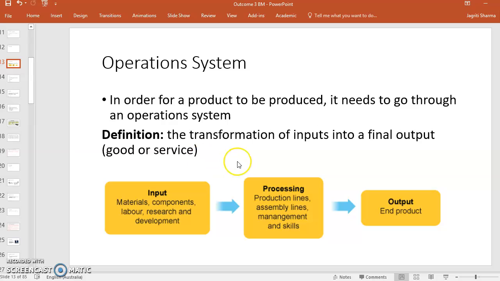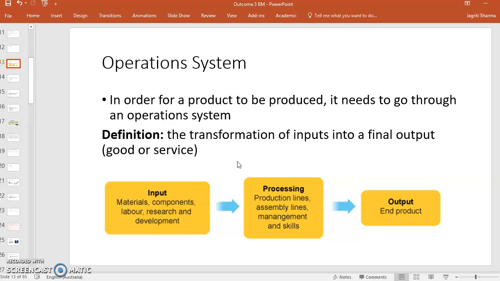Now for example, if you're starting a business, if you're making chips for example, your input for that will be potatoes, salt, the plastic wrapping sheet that you'll be putting the chips in, and machinery, capital equipment.